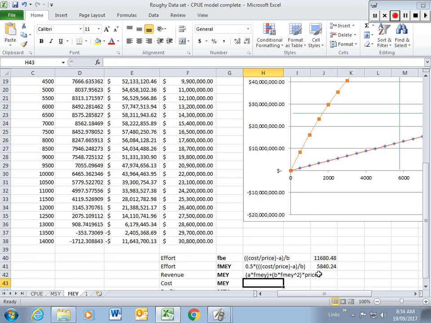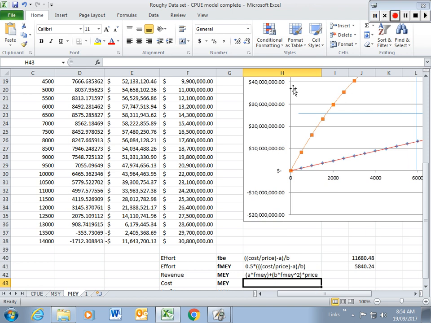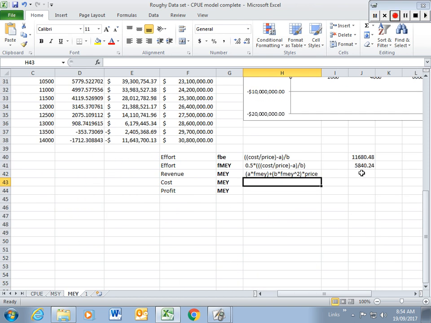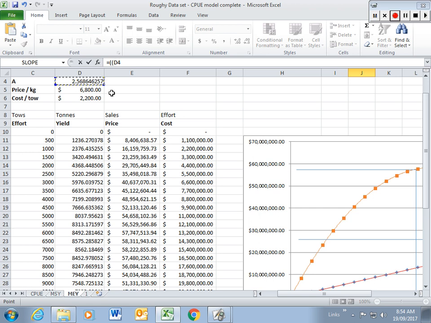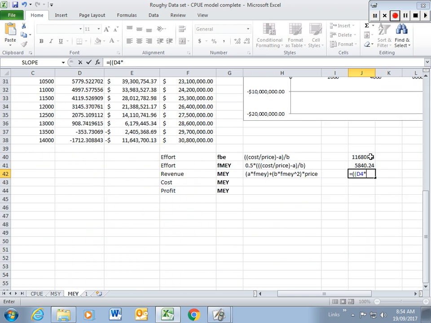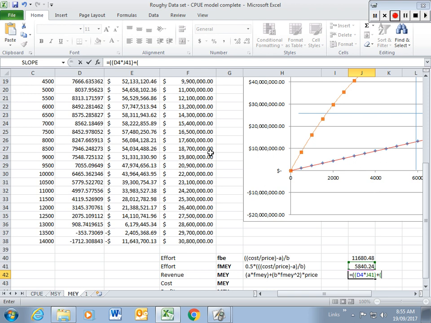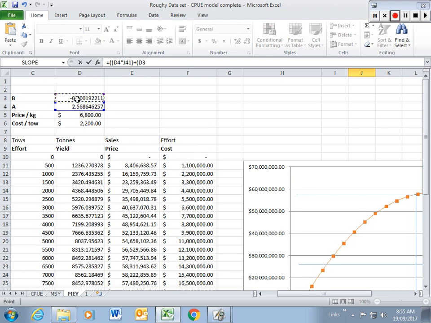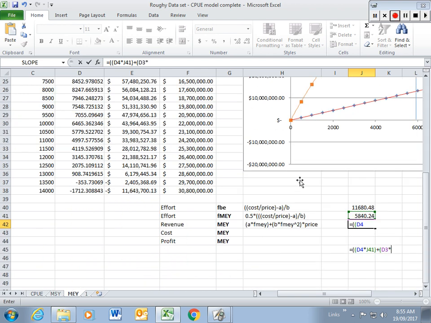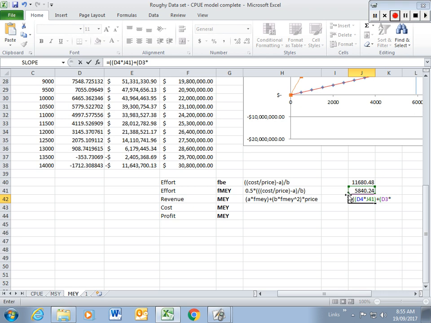Alright, so I'll make that a bit bigger again so that we can see what's going on. Over here it's going to equal, I need to open it with 2 brackets, A times FMEY, close that bracket, plus open bracket, B times, where's our FMEY?